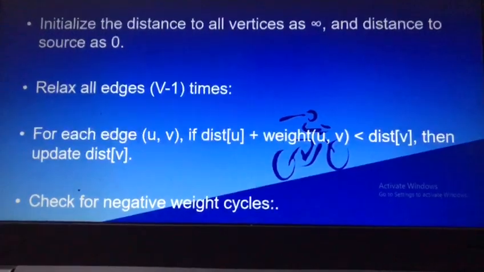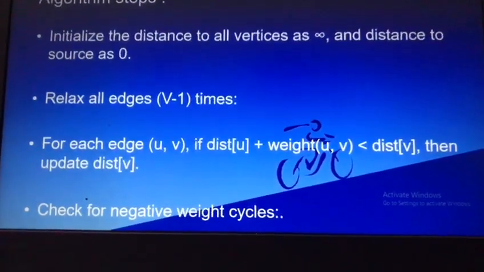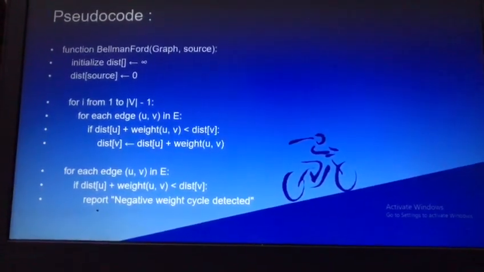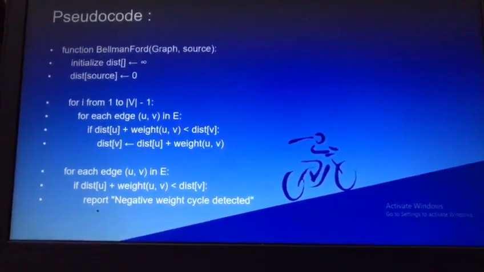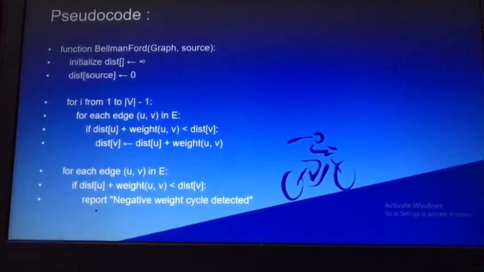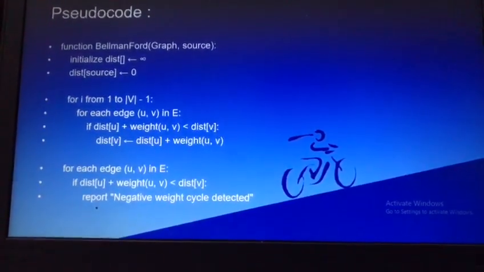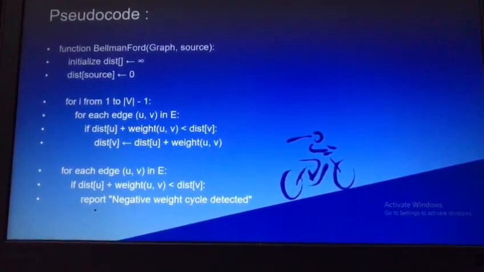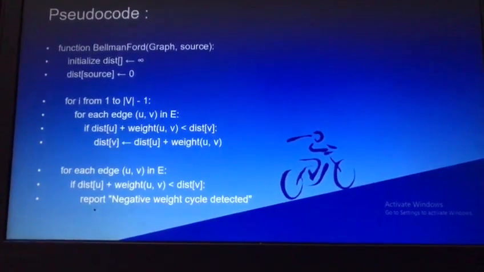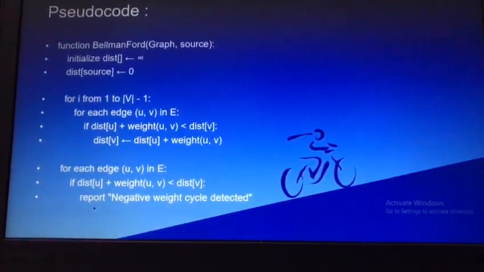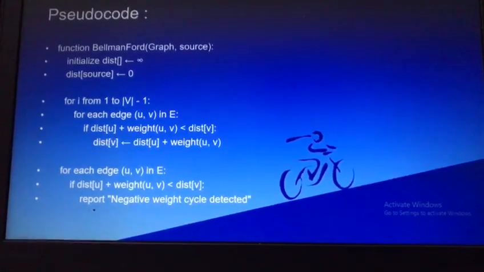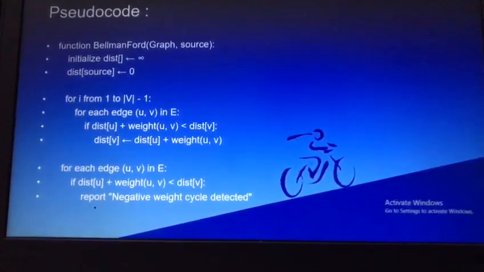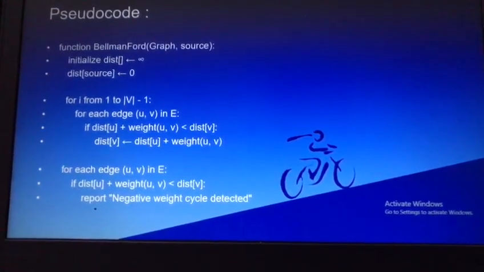In Bellman-Ford we also check for negative weight cycles. Here we have the pseudocode, in which we implement the Bellman-Ford function on the graph and initialize the distance from the source. We run a loop from i equals 1 to V minus 1 over each edge, and apply the formula: if the distance plus weight is less than the distance, we update the distance.